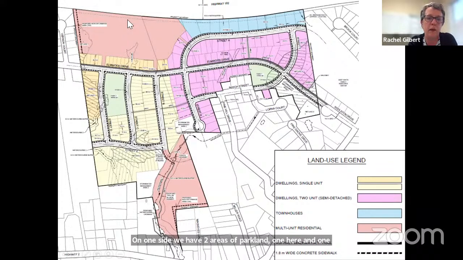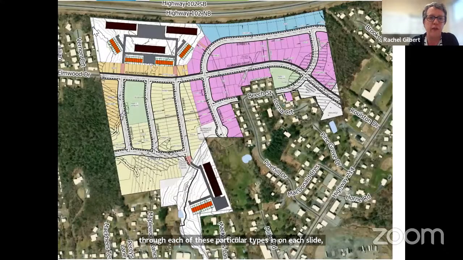There are 2 multi-unit residential areas, and I'll go through each of these particular types on each slide. So we have the multi-unit area up here, and then a multi-unit area down here, and I've just overlaid those onto the aerial photography so you can see how they relate to existing buildings on adjacent pieces of land.